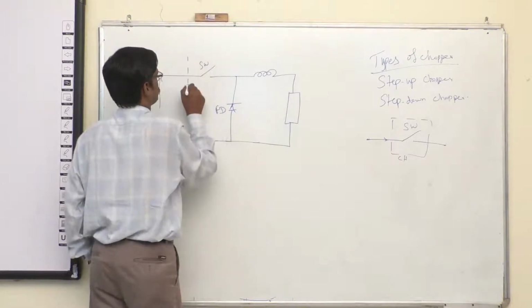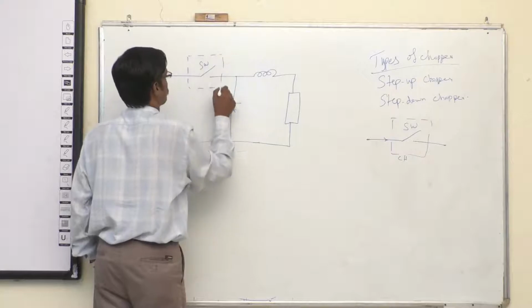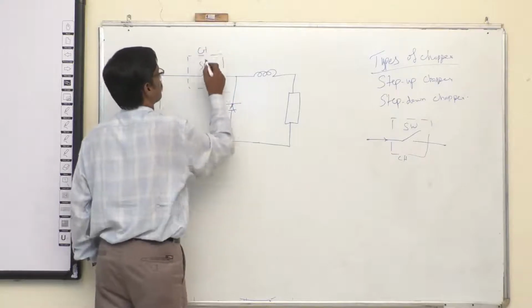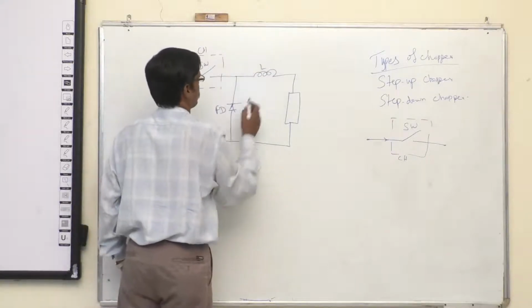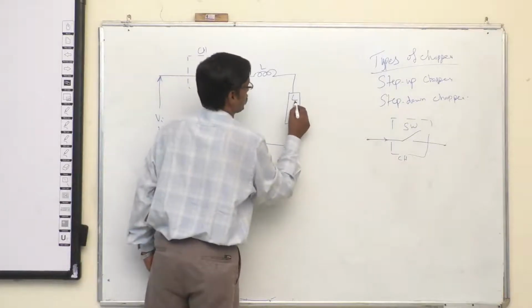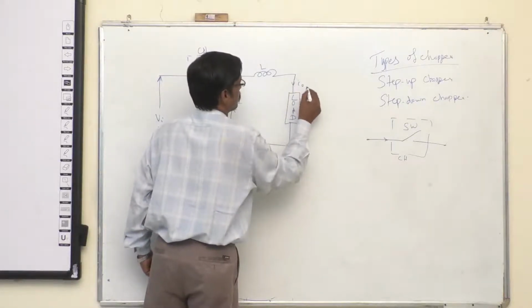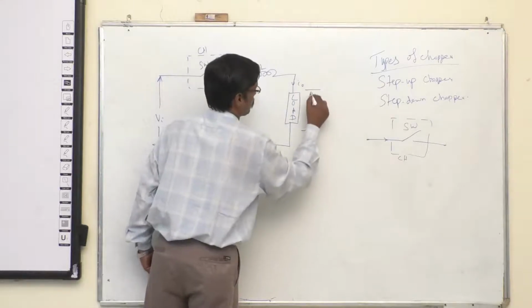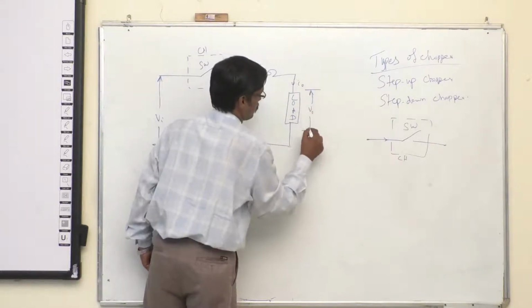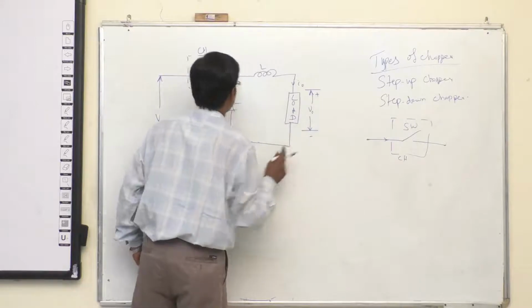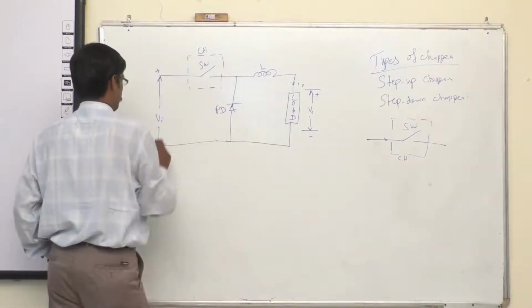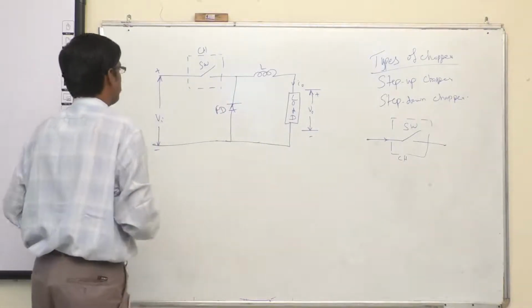This is the chopper switch, this is the inductor, this is the freewheeling diode. It is nothing but your load. So there is your input voltage VA.